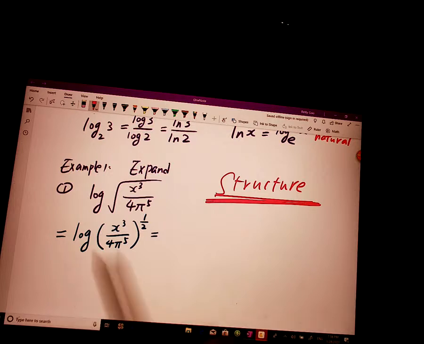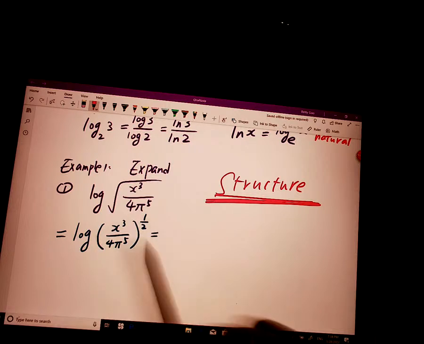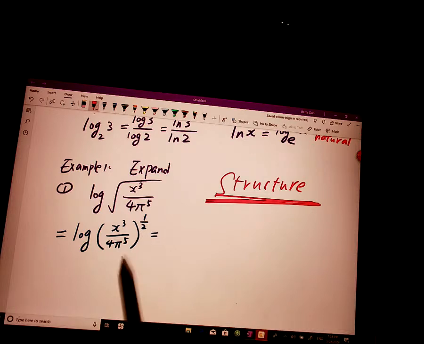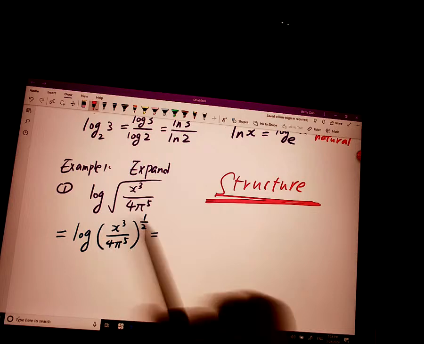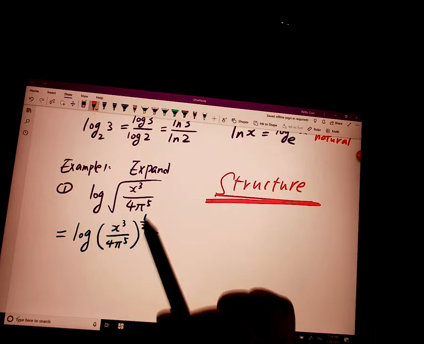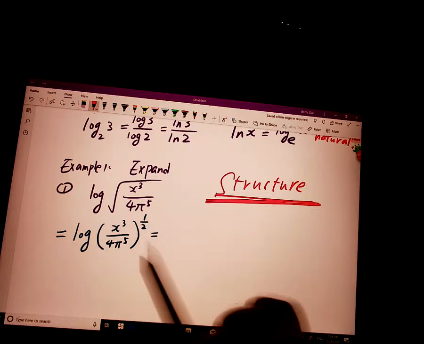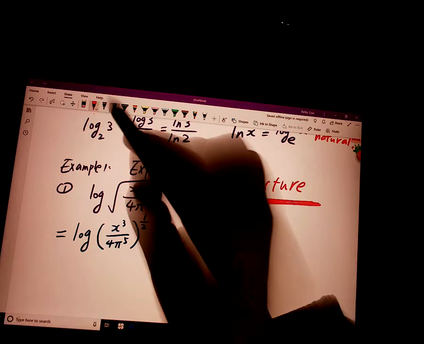So if you look at this antilog, the whole thing here is the antilog. What's the structure that you see? Outside structure. Look at the bigger picture. Okay, the answer is a quotient. Oh, sorry, the answer is a power. You see a power. The base is inside the parentheses, the exponent is half. Because the structure is a power, we are going to apply the power rule.